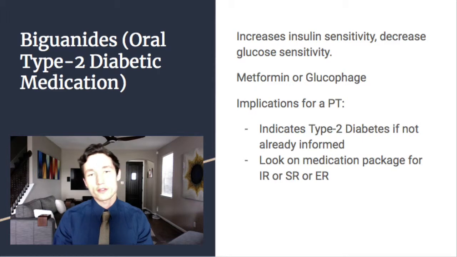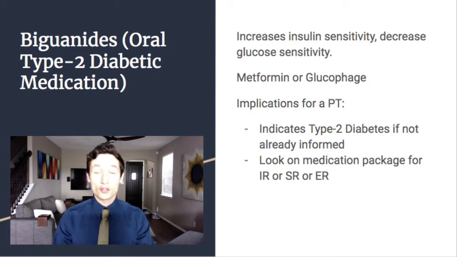Implications for a physical therapist include that you want to see this medication and recognize, okay, this person is a type 2 diabetic, if you weren't already informed on the physician referral or so forth. But patients with type 2 diabetes may or may not be taking injections.